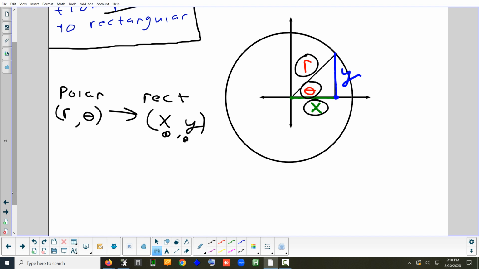It's adjacent to it. So this is adjacent. And where is r in relation to that angle? That's your hypotenuse. If we can figure out which trig function has adjacent and hypotenuse in it, it's going to help us to solve for the base of that triangle, which is the x value in the rectangular coordinate. So which trig function is it? Cosine, yeah.